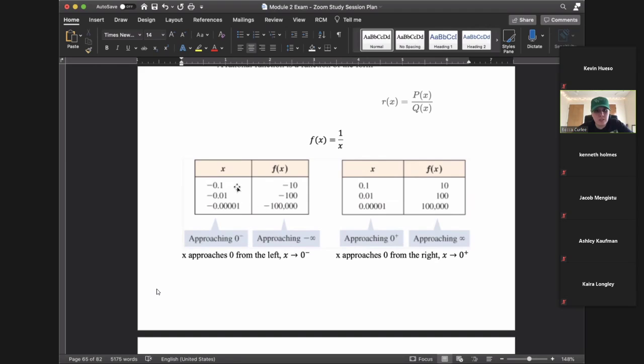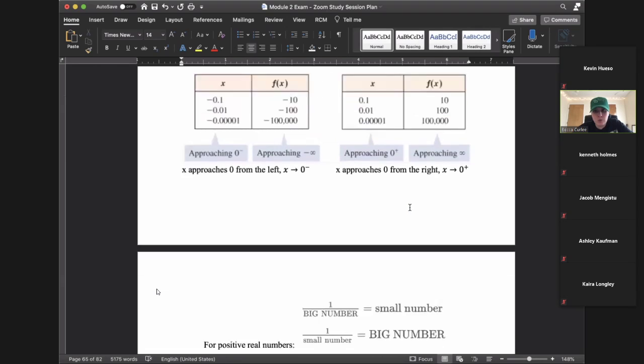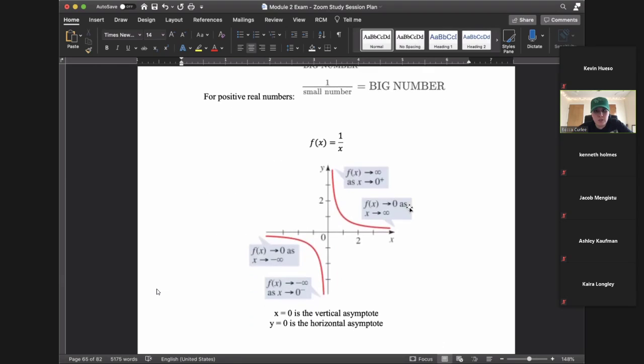You can see that as x approaches 0 from the left, y is approaching negative infinity. So we'll go into that right here. This is the graph of f of x equals 1 over x.